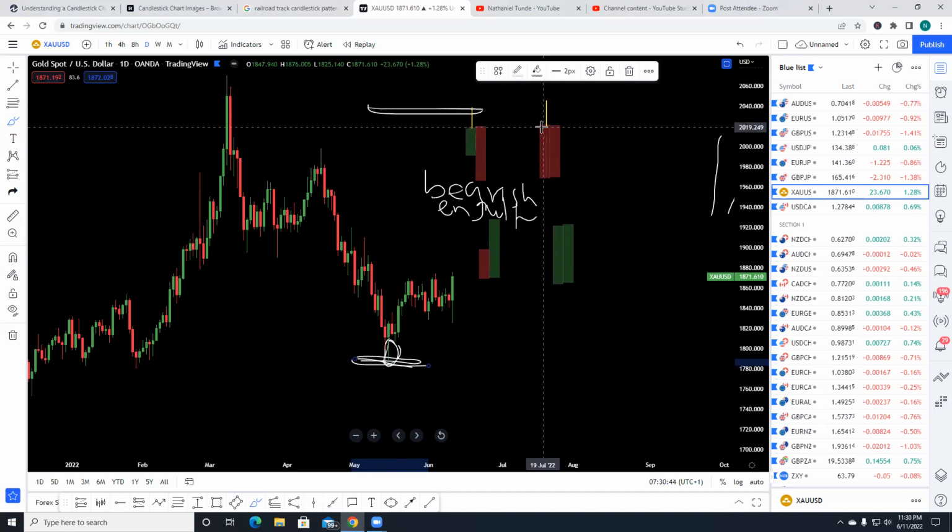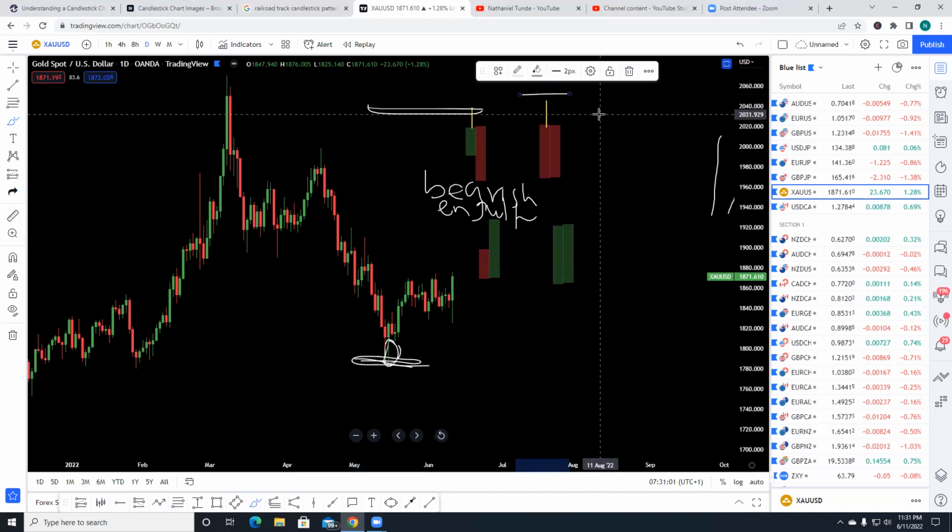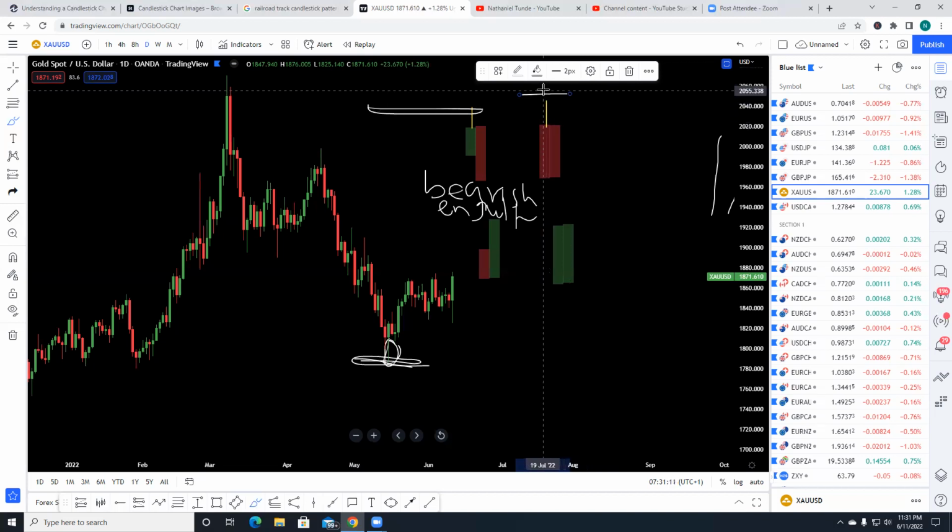The second one has the same body, but the first one leaving a wick is an indication of a grab of liquidity. In that case, when you put your stop loss above that wick, the market will never visit that place. Why? Because there was a grab of liquidity and there was no incentive for the market to go back and visit that area, that level.